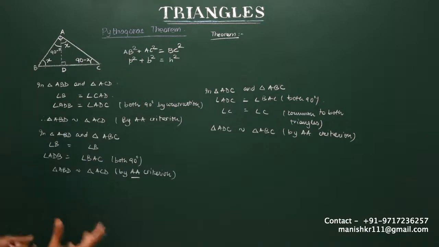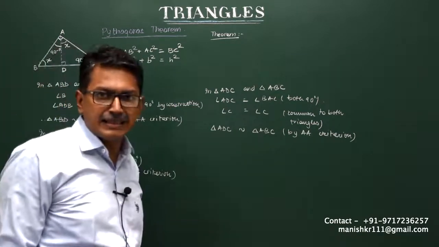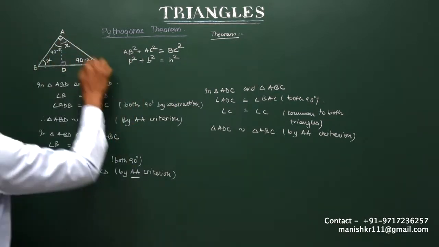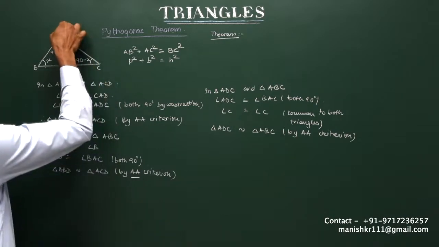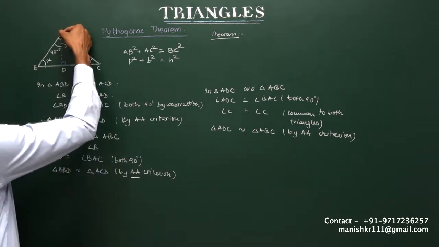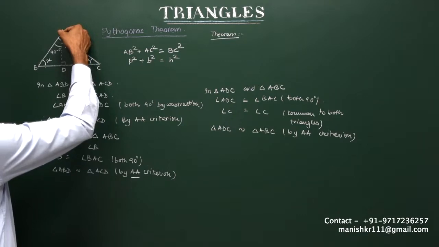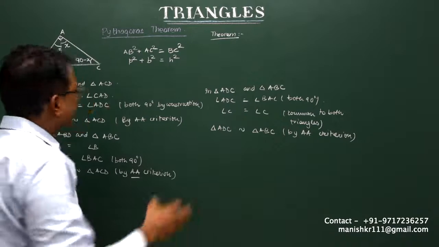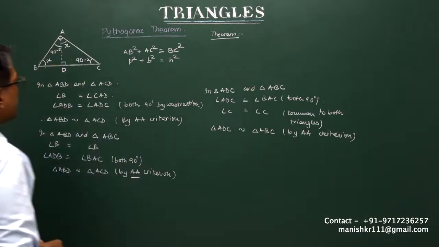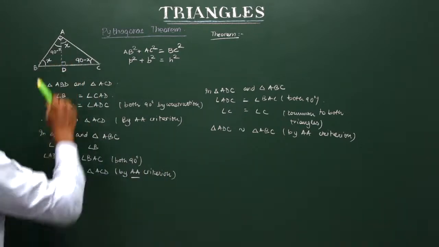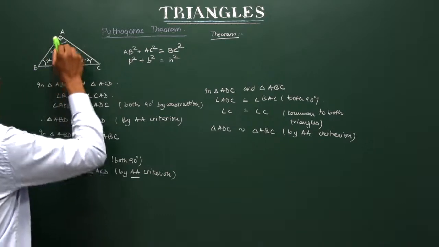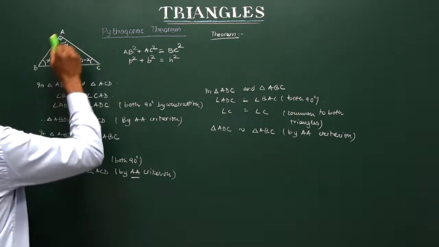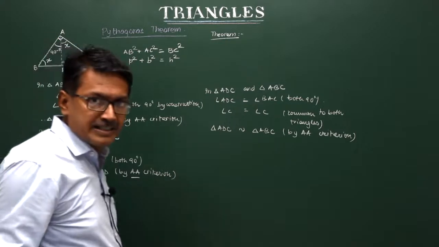Okay, so what have we essentially seen? Whenever there is a right triangle and from the vertex that contains the right angle, we draw a line perpendicular to the opposite side, in this case the hypotenuse, then it divides it into two smaller triangles and the original bigger triangle is already there.